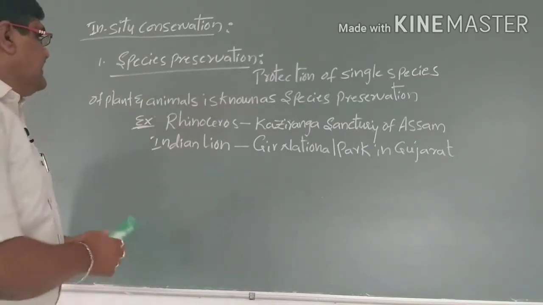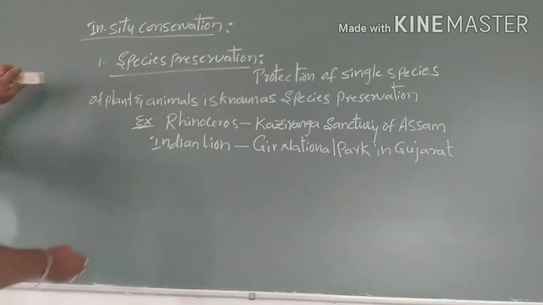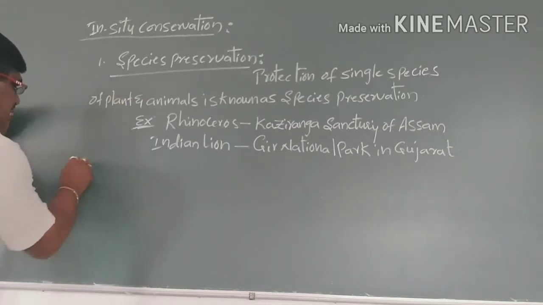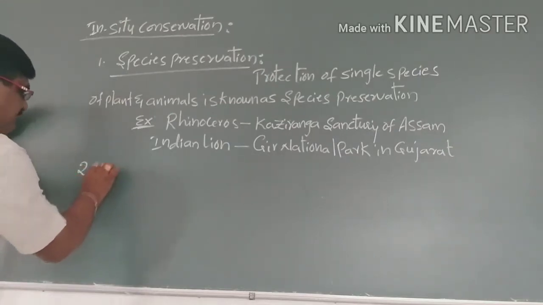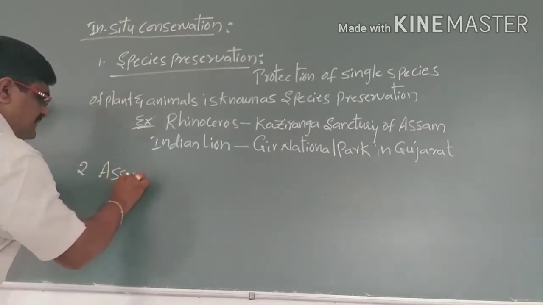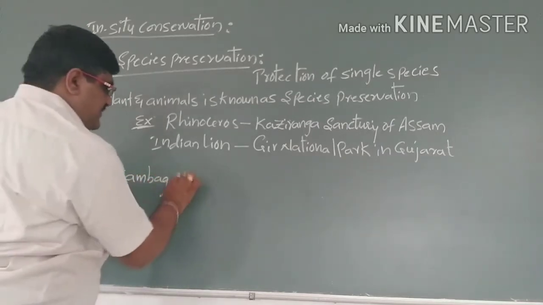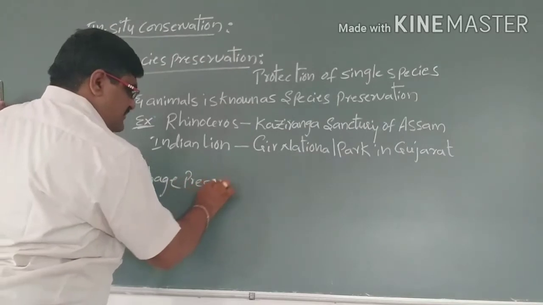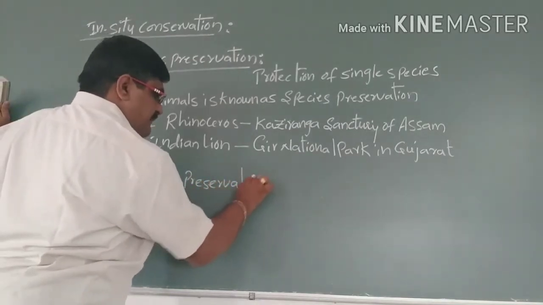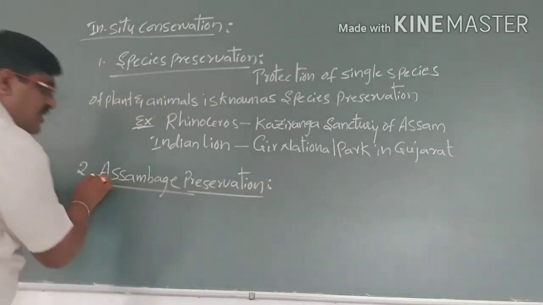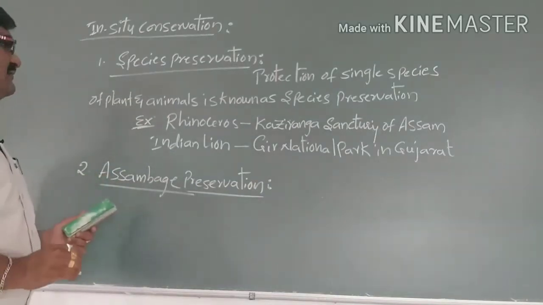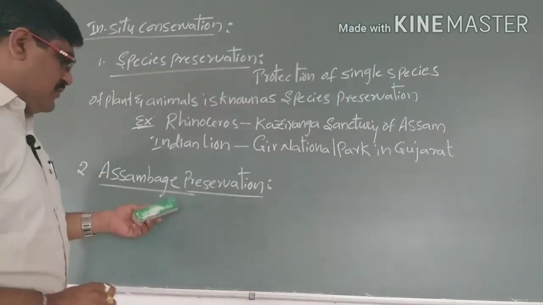And the second one is assemblage preservation or protection. Here assemblage means a group of species are protected.